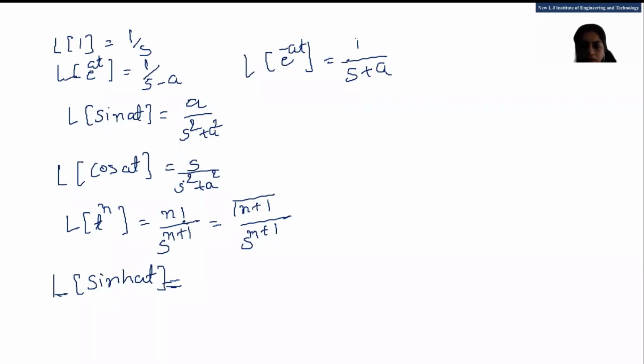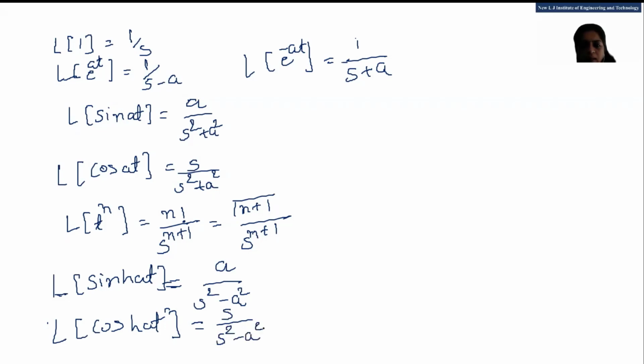Anyone? Yes, very good. Many answers are coming, that is a upon s square minus a square, right? And similarly, the last is Laplace of cos hyperbolic at. If cos is there, yes, good Vedanshi, s upon s square minus a square. Okay, thank you all of you who are giving your kind response. And I request the other students, please try to give your response, right?